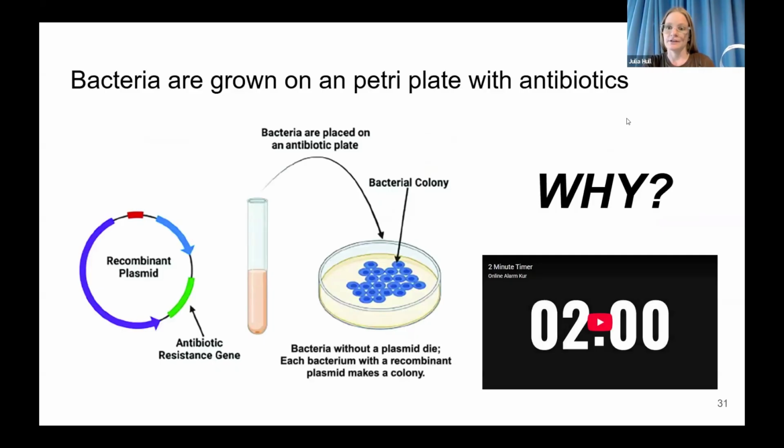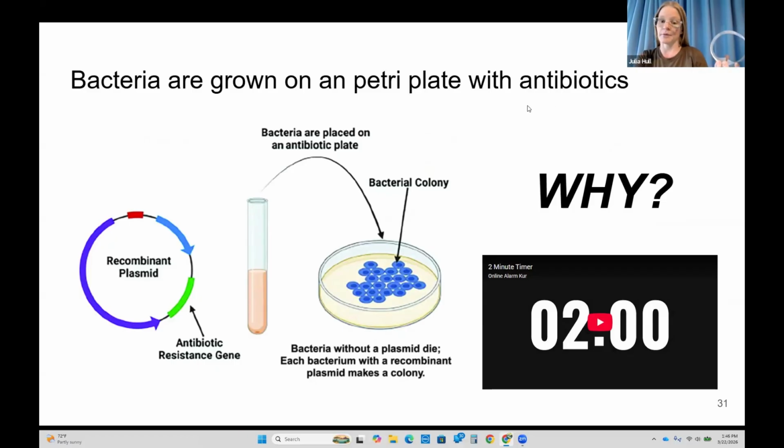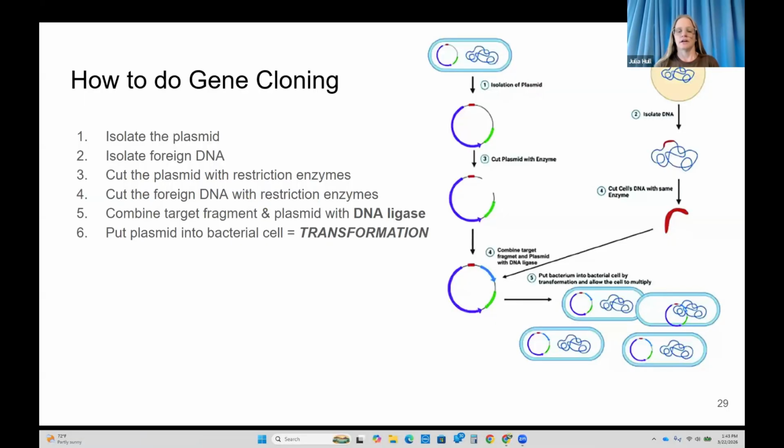Okay, so again, growing those bacteria on the Petri plates that have the antibiotics means that any bacteria that did not pick up this plasmid are going to die, and any that do pick up the plasmid are going to survive. All right. So I've isolated the plasmid. I've isolated the foreign DNA. I've cut the plasmid with restriction enzyme.